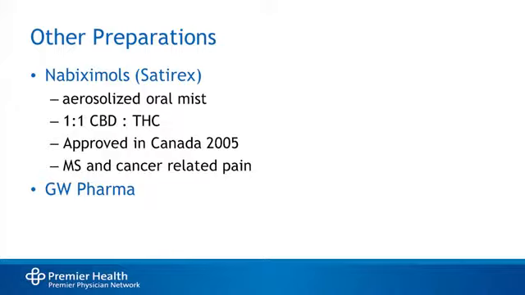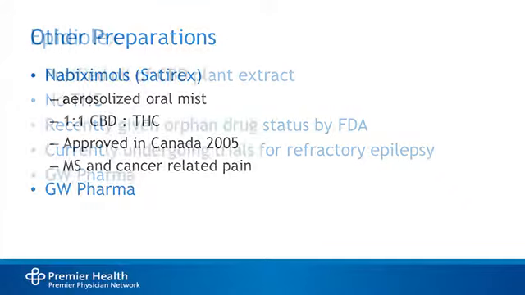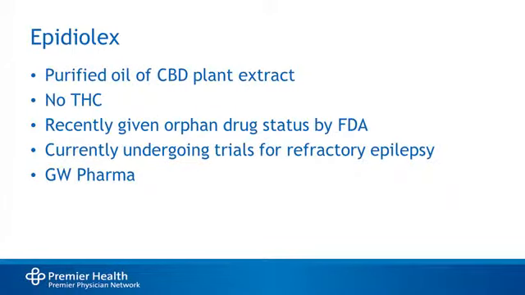It is an aerosolized oral mist which has a 1-to-1 ratio of cannabidiol and THC. This is approved for multiple sclerosis and cancer-related pain. Epidiolex is currently undergoing trials for refractory epilepsy. It is a purified oil of cannabidiol plant extract and contains no THC. It was recently given orphan drug status by the FDA.